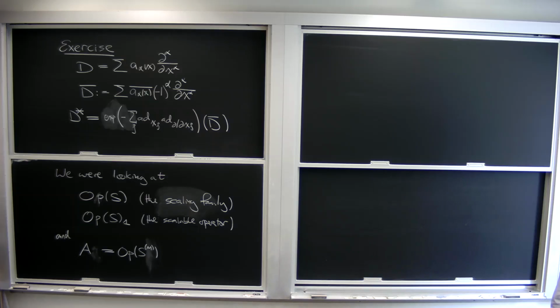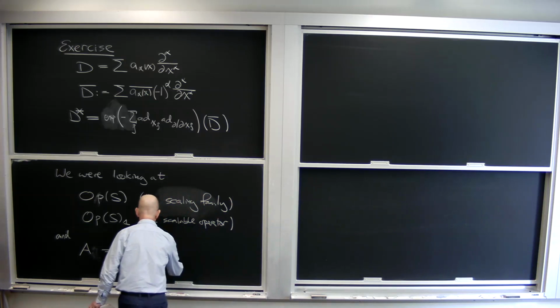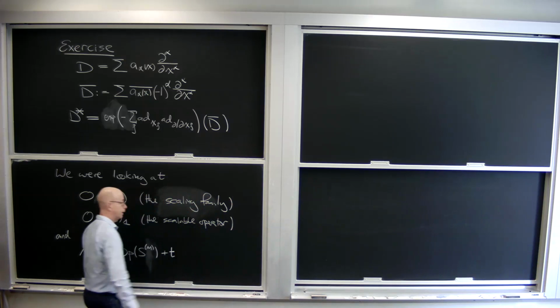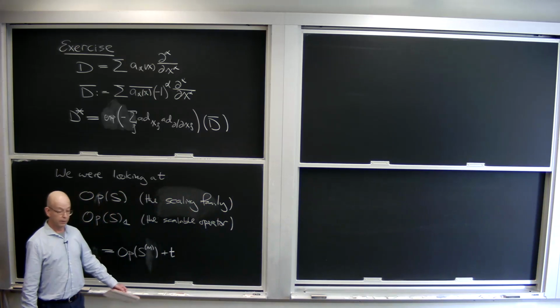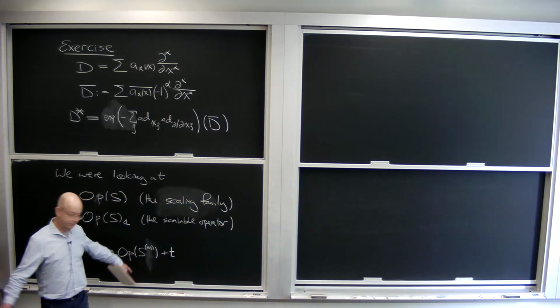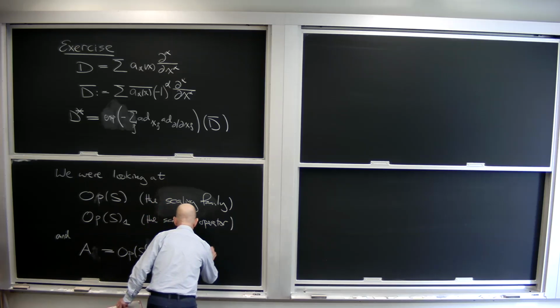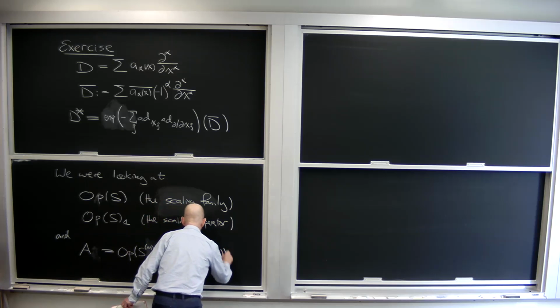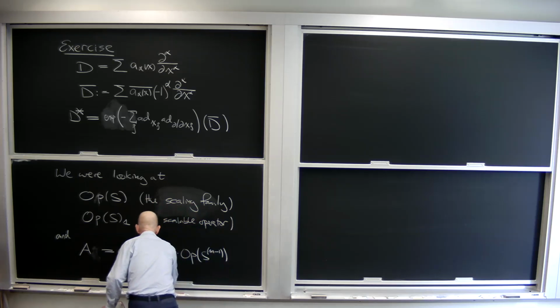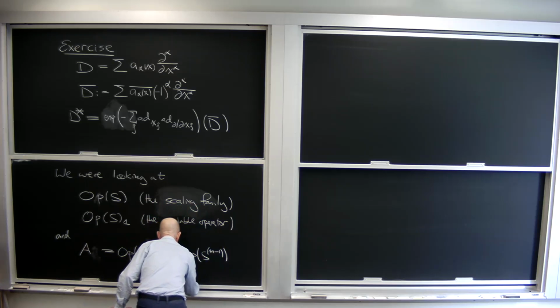It's T times a family of operators of one lower order. And that family of one lower order, you can apply the same procedure to and write it as op of S m minus 1 plus T squared times another lower order term, and so on.